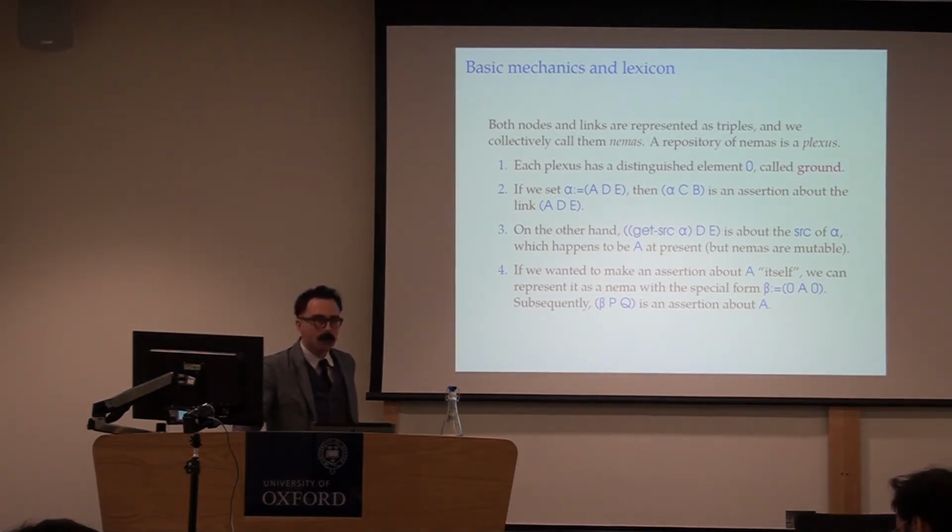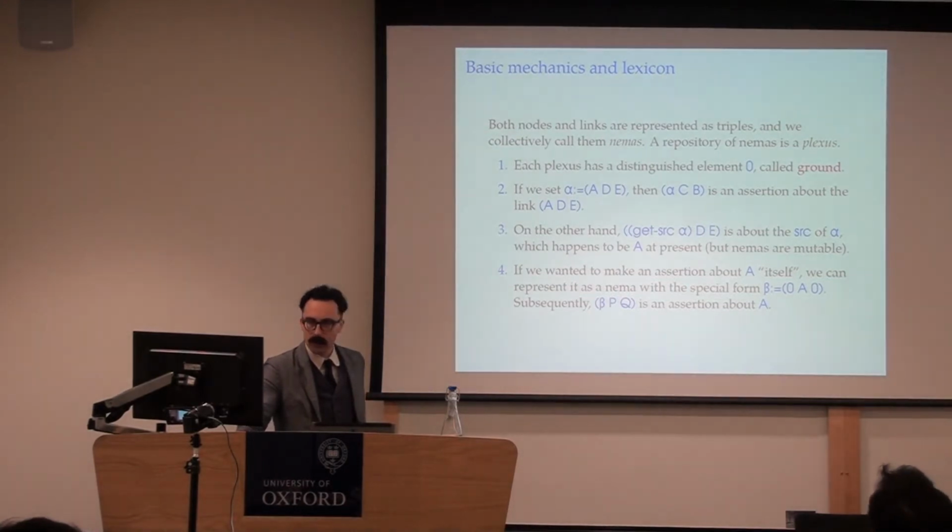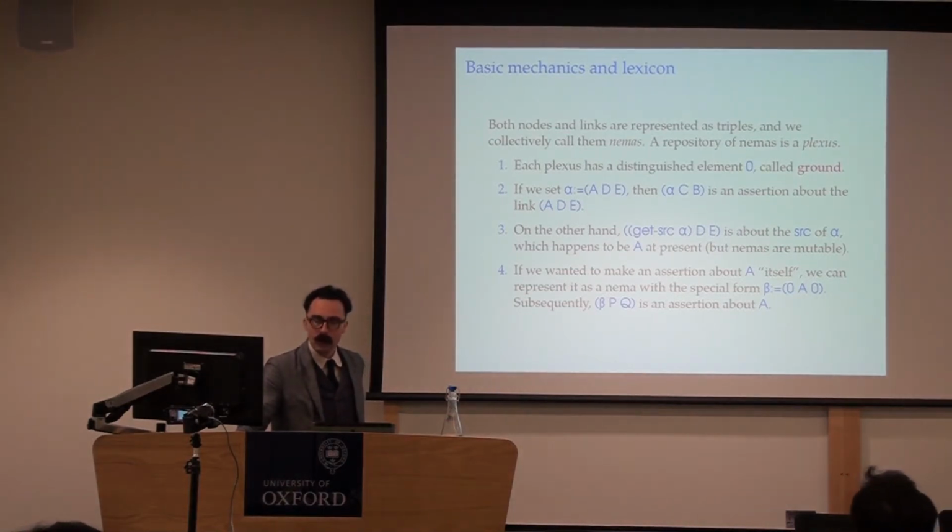Instead of calling it an edge, we're going to call it a nema, because we use the same data structure to represent nodes and edges. It's kind of this computational slush. So those things, which you can just think of as an edge, are nemas. And if you put all of them in one big bucket, that's called a plexus. So a plexus contains a bunch of nemas. That's basically your semantic network.